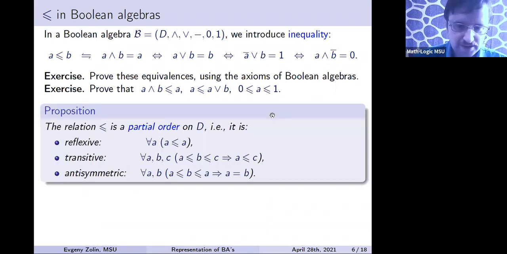And again, from the axioms of Boolean algebras, one can easily show that this relation is a partial order: reflexive, transitive, and antisymmetric, but not necessarily a linear order, of course. We know that not every two sets are comparable with respect to inclusion. There are sets such that one is not contained in the other and vice versa. So only a partial order.